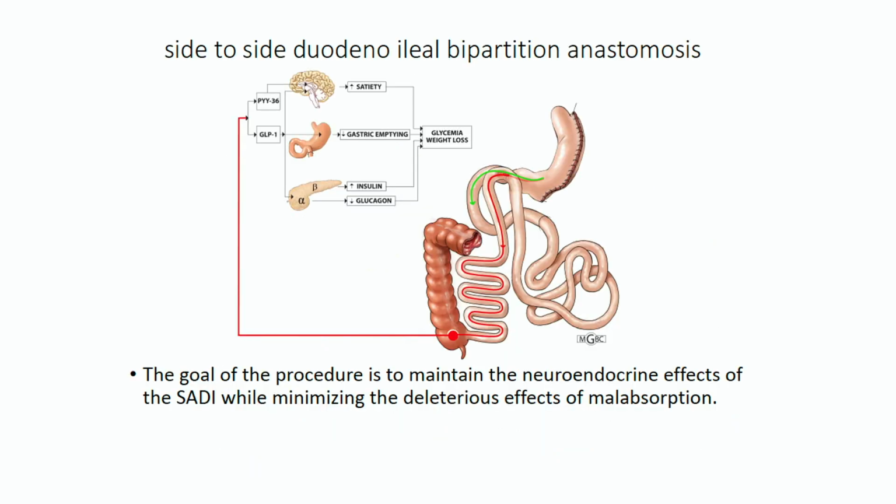The idea is to provide a stimulation of the ileum, which releases PYY 3-36 and GLP-1, sort of like being on Ozempic all the time, and also a decreased absorption of glucose, calories, and fat with a shorter ileum in play.